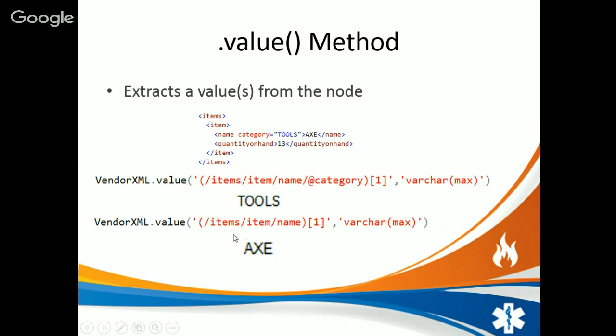In the second one, we say return the value of the first occurrence of the name node, which is ax. You could have multiple name nodes in XML, multiple occurrences of the same node. So when you say value, you have to specify which one you want, the first one, the third one, the 10th one.